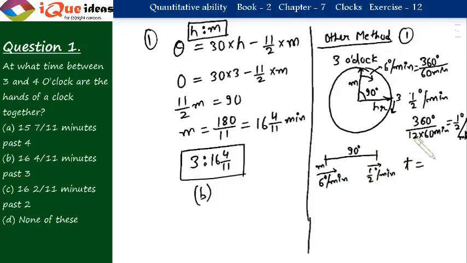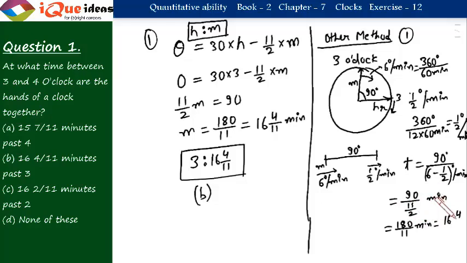So the time taken to meet would be the distance divided by the relative speed, that is 6 minus half degree per minute. Right, so the answer will be in minutes and it will be 90 divided by 11 by 2 minutes, which is 180 by 11 minutes, and that is equal to 16 4 by 11 minutes.